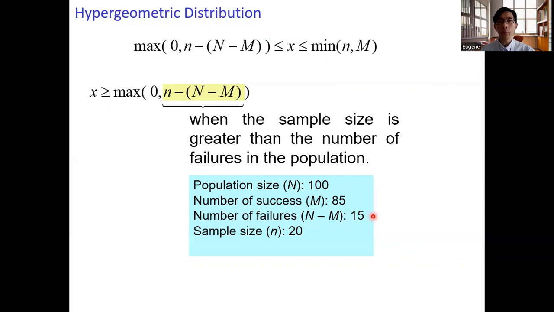So in any sample, the number of successes should be at least 5. So in this case, X will not start from 0. It starts from 5, which is the sample size 20 minus the total number of failures in the population, 15, 20 minus 15.